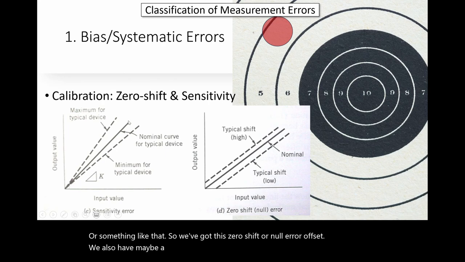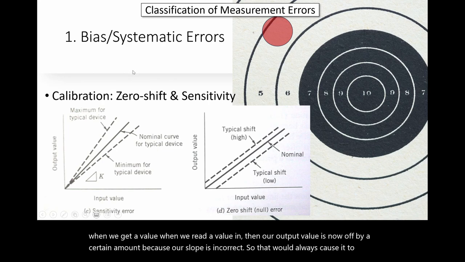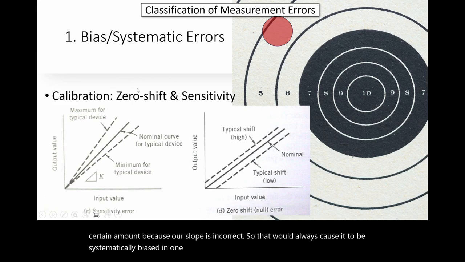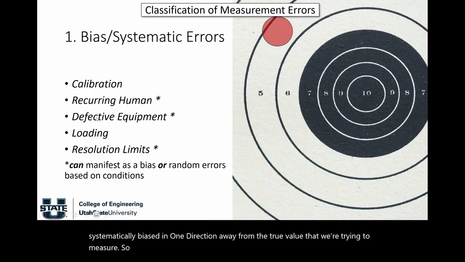Maybe the slope of the line is not correct. And so when we read a value in, then our output value is now off by a certain amount because our slope is incorrect. So that would always cause it to be systematically biased in one direction, away from the true value that we're trying to measure. So again, calibration, recurring human, defective equipment, loading, resolution limits.